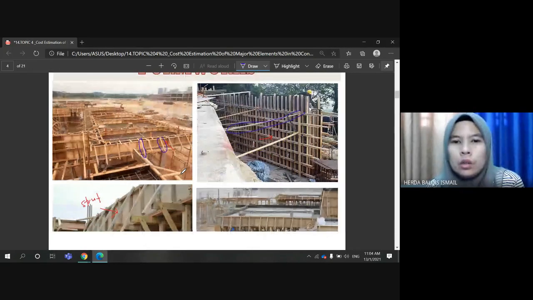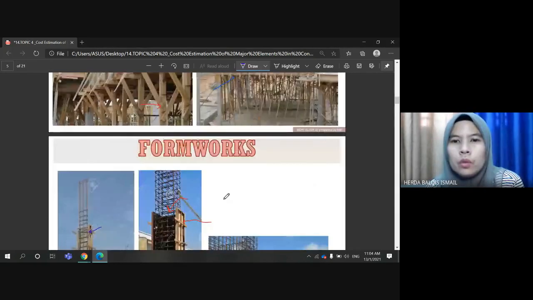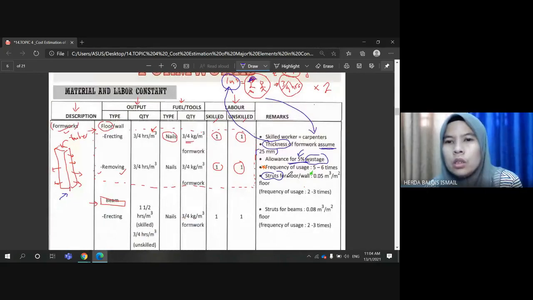Alright, so for strut, the constant is 0.05 cubic meter for every 1 meter square of the slab or the floor.